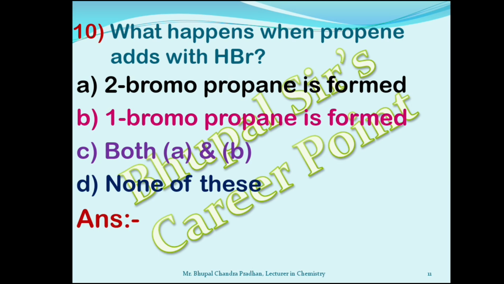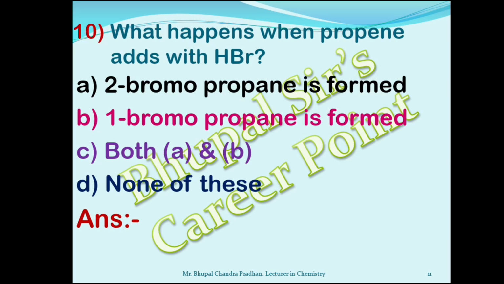Propene is an unsymmetrical alkene. When it adds with HBr in the absence of organic peroxide, addition takes place according to Markovnikov's rule. Means the bromine atom, the negative part of the addendum, that is the bromide ion, will go to the carbon atom which contains the least number of hydrogen atoms. As a result, we will get 2-bromopropane as the major product.